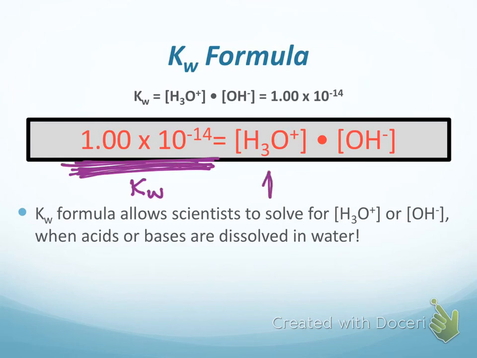If I dissolve an acid, which causes hydronium to increase, well, they always have to equal this value when they multiply each other, which means hydroxide decreases, similar to what we've seen in that image that compares the amounts you have. And the opposite is true too, right? If I put a base in there, which causes me to have more hydroxide, well, again, when I multiply them by each other, they have to equal 1 times 10 to the negative 14th, which means I'm anticipating a lower amount of hydronium.